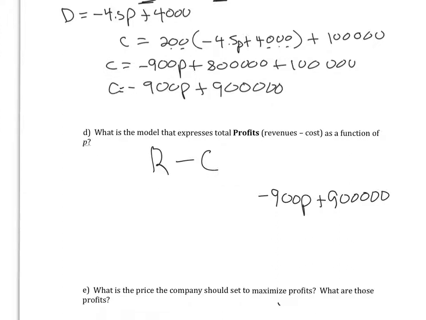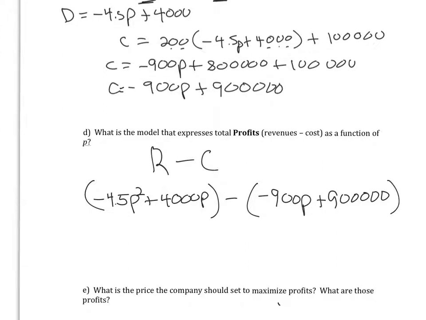Our revenues were equal to negative 4.5p squared plus 4,000p. Okay, so what do we end up with?